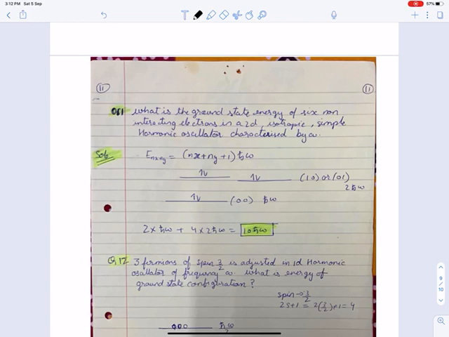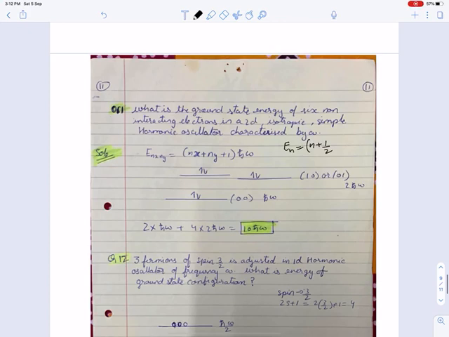We know that En is equal to N plus half, h cut omega, for 1D.